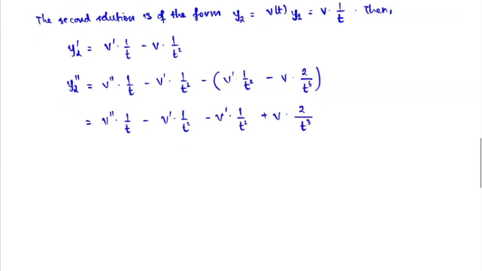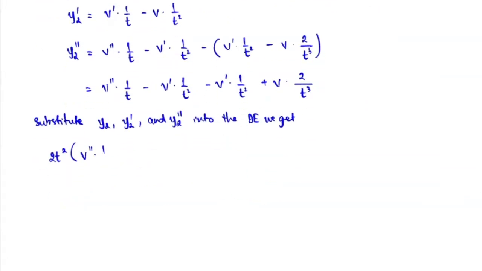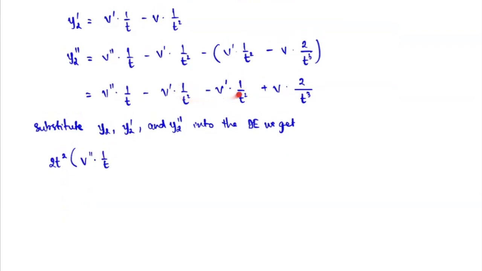Then I substitute y2 prime and y2 double prime into the differential equation. We get 2t squared times y double prime, which is v double prime times 1 over t. Now combine these two terms together, they are like terms.